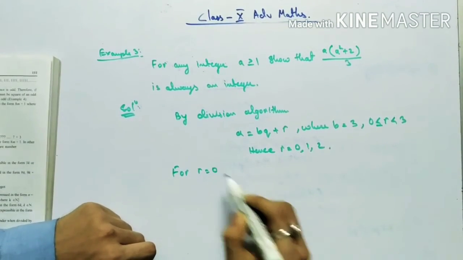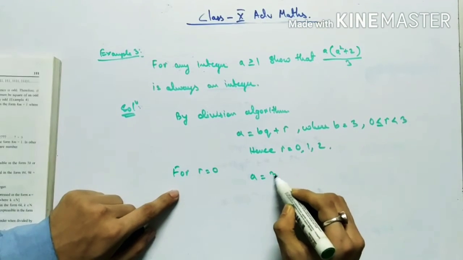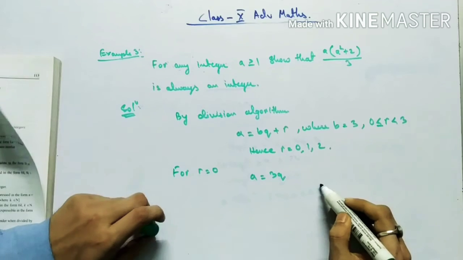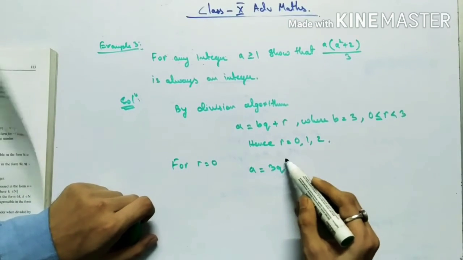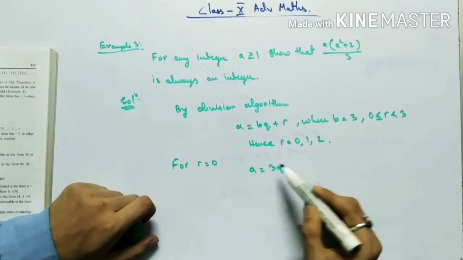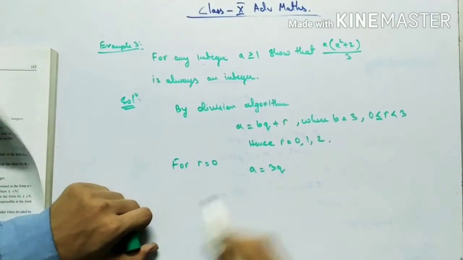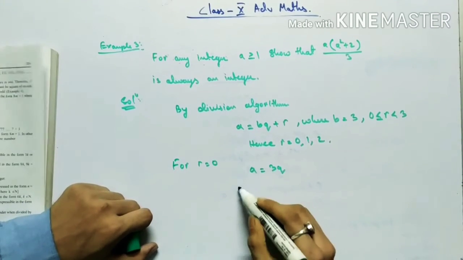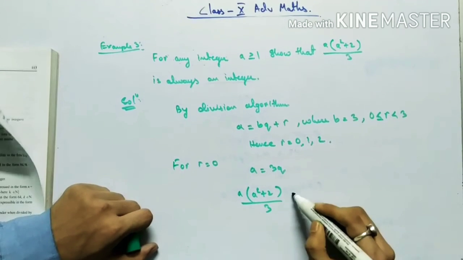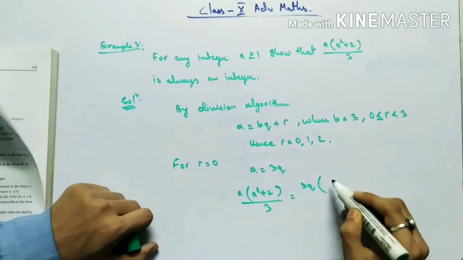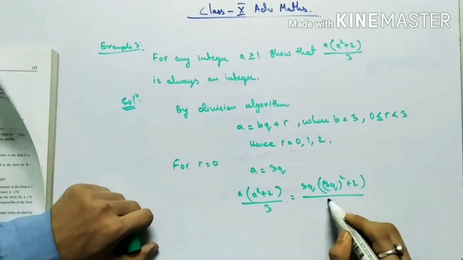For r is equal to 0, it becomes a is equal to 3q. Now this 3q value I will put in here. So a square plus 2 by 3 becomes 3q the whole square plus 2 by 3.